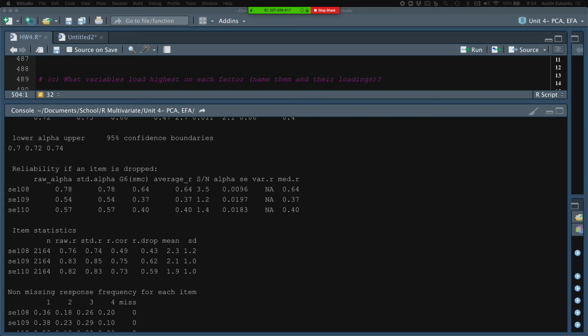So it doesn't seem like it's measuring one thing. The same goes here for economic opportunity or economic equality. We're probably not justified in using discrimination as a single scale score with our data.